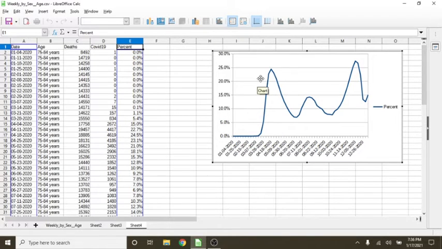Because again, this is 75 to 85. And you can see that to a certain extent, it mirrors the national totals, which makes sense because the 75 and above makes up the majority of the number of COVID-19 deaths.